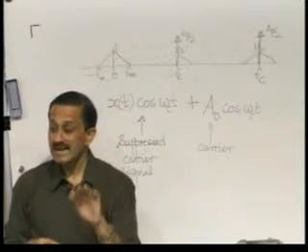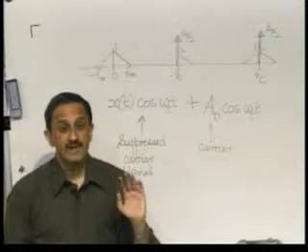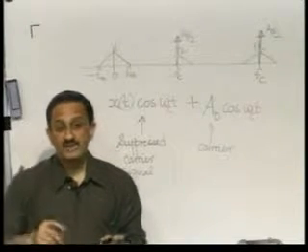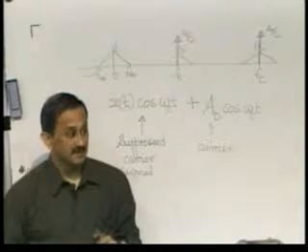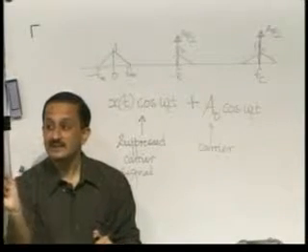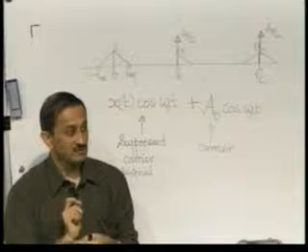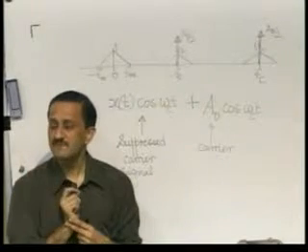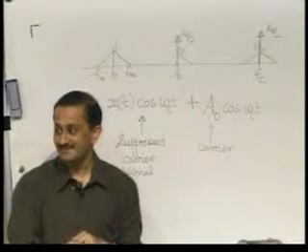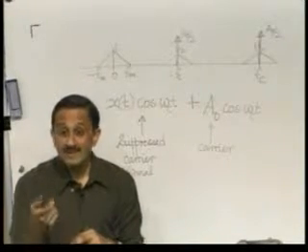So now we say amplitude modulation with carrier. And this kind of amplitude modulation helps because it allows you to recover the carrier at the receiver very easily by putting a very narrow band filter around Fc. And why do we need the carrier at the receiver?